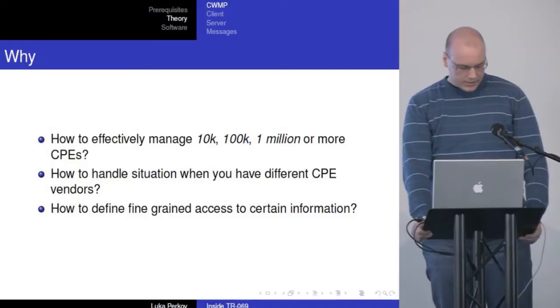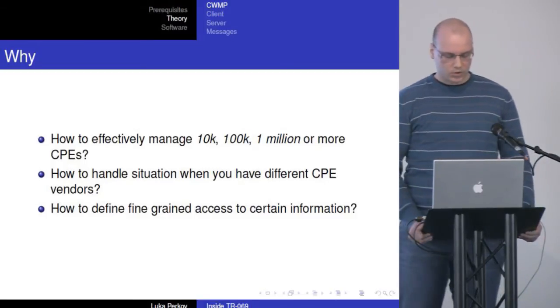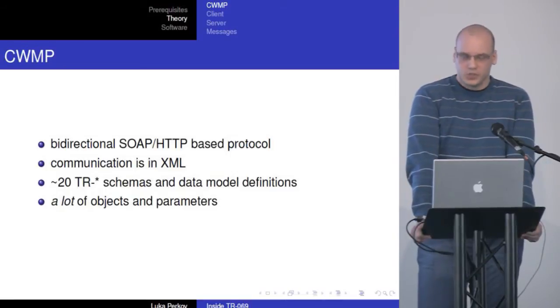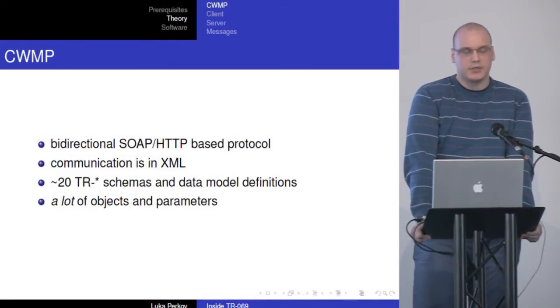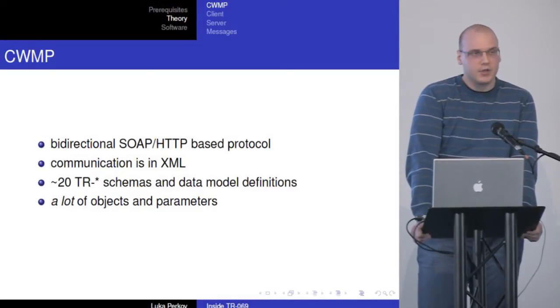CWMP is a bidirectional SOAP HTTP-based protocol. All the communication is done in XML. There are around 20 technical report schemas and data model definitions.